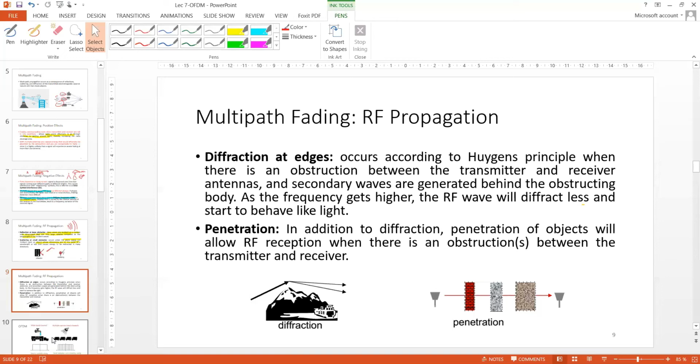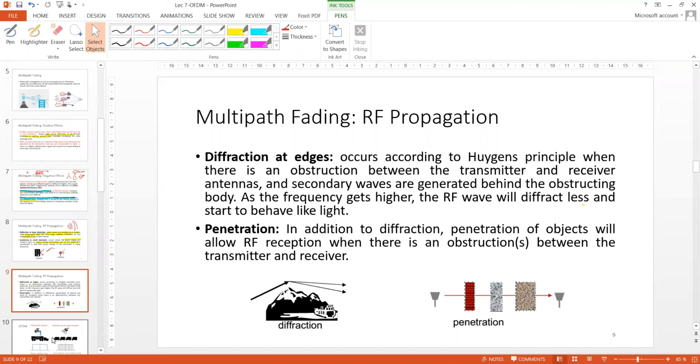Longer wavelengths can be easily diffracted and can easily bend across the edges of the surface, and because of this phenomenon a signal can travel over relatively longer distances. On the other hand, if the frequency increases, the wavelength will decrease, and then the diffraction capability of the signal will reduce and it might not be able to bend that accurately across the edges.